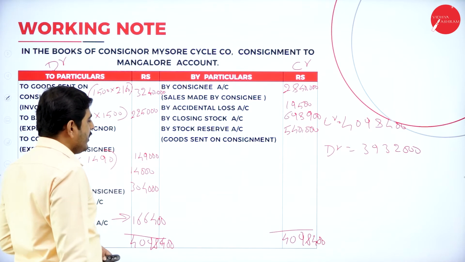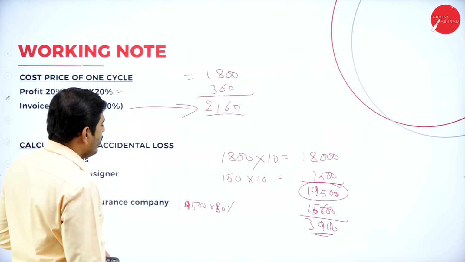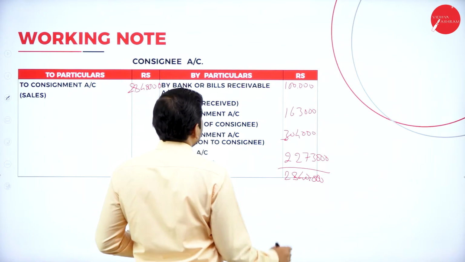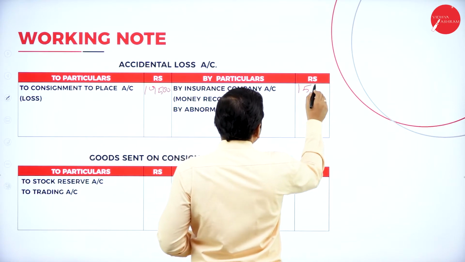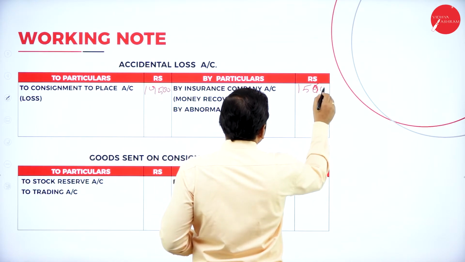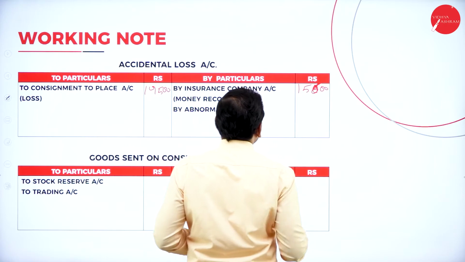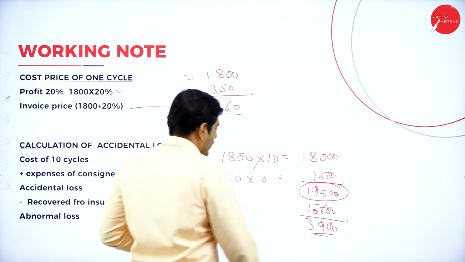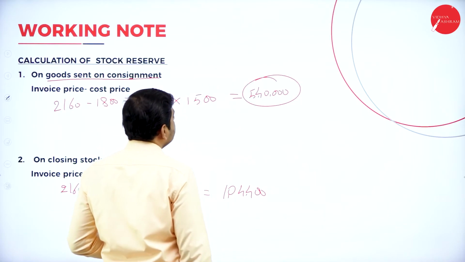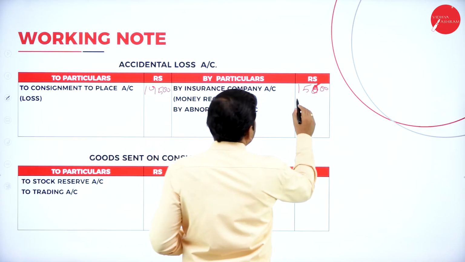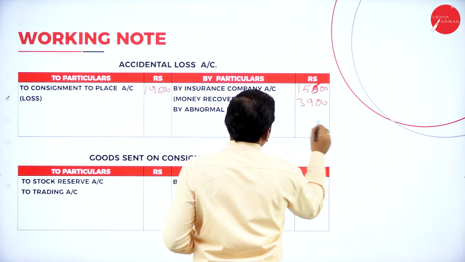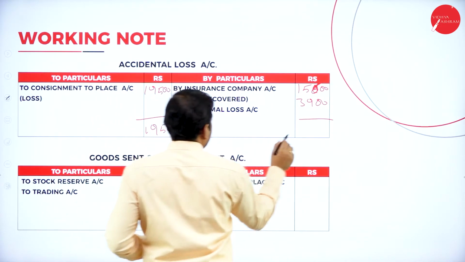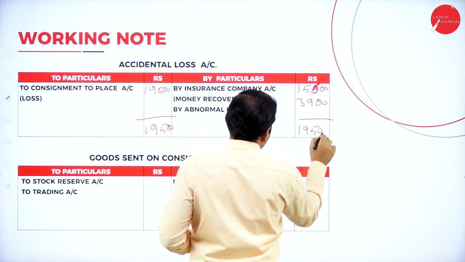Out of that 19,500, the insurance company is giving only 15,600. Remaining is abnormal loss account. What is abnormal loss here? 3,900 is the abnormal loss. So both the sides 19,500.